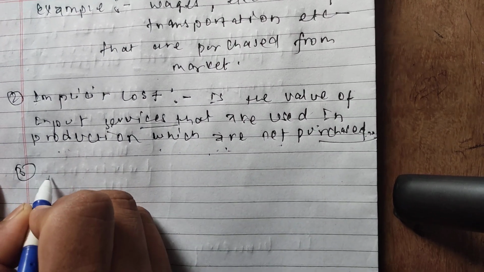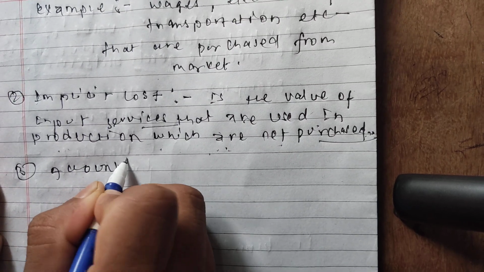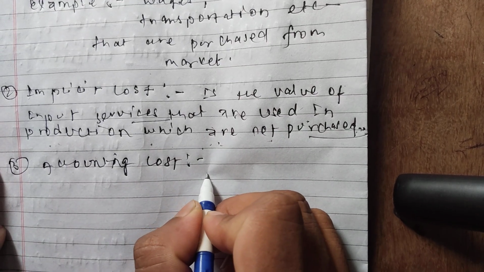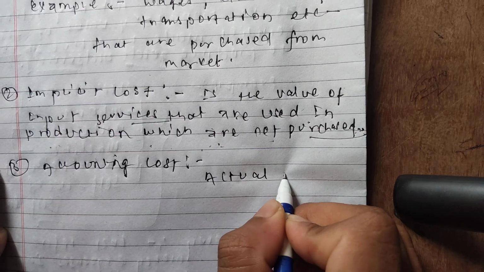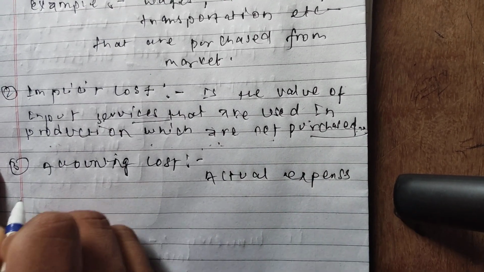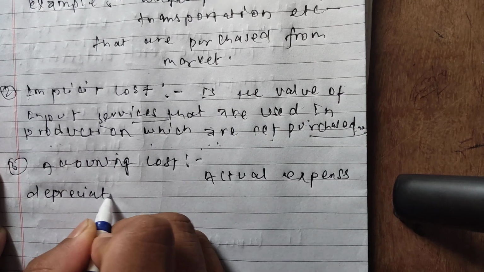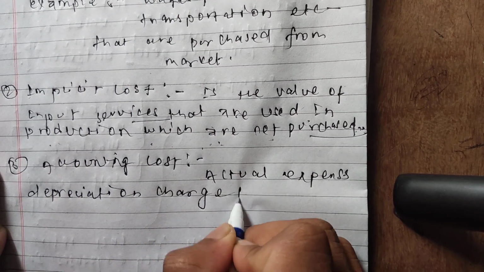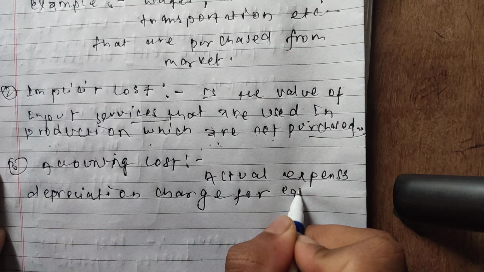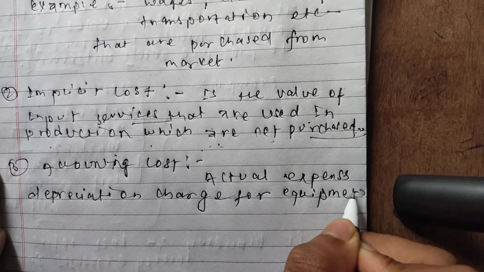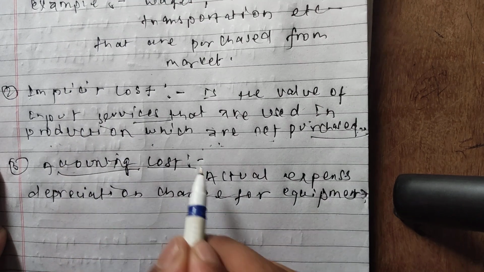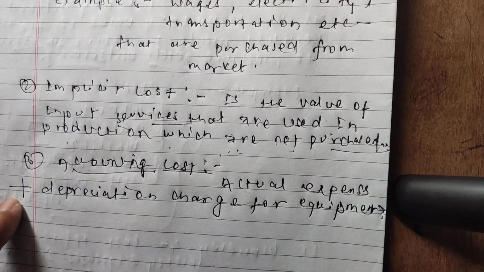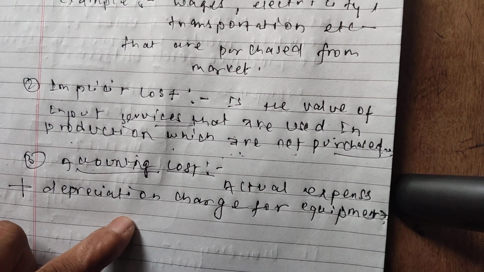Next type is accounting cost. Accounting cost is the actual expenses plus a depreciation charge for equipment.